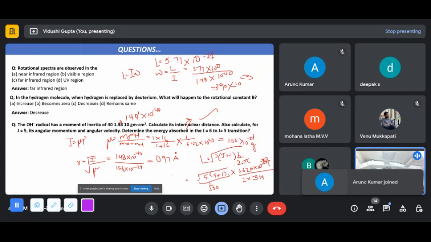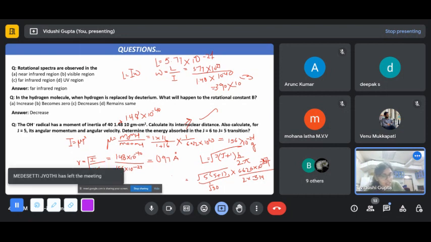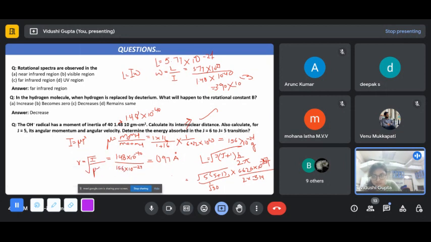Now the remaining part is to determine the energy absorbed in J equals 6 to J equals 5 transition. How will you determine the energy? You know, for energy E equals h mu or hc by lambda.